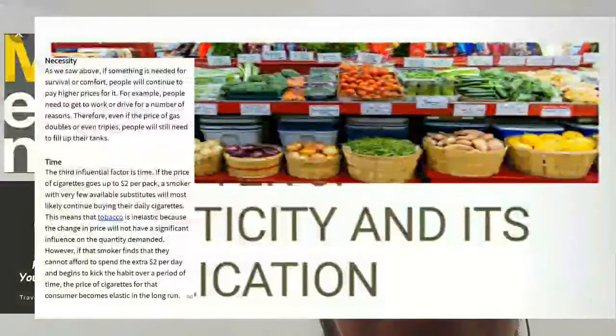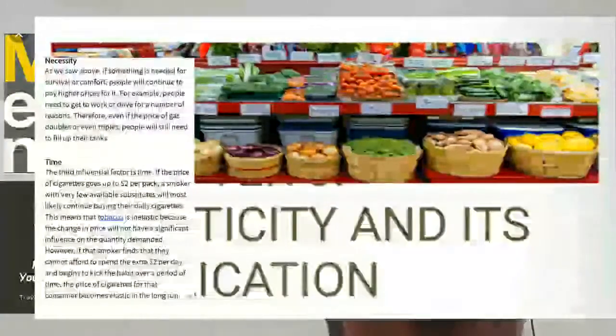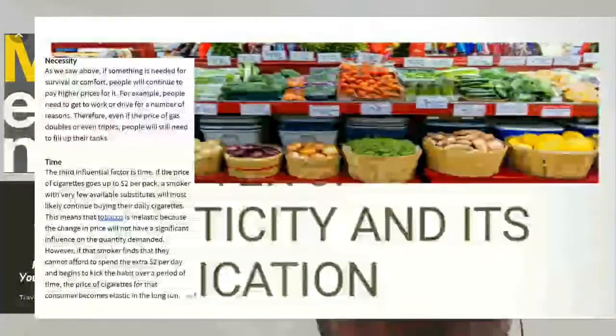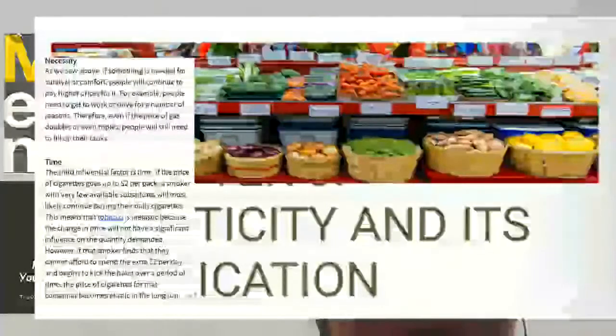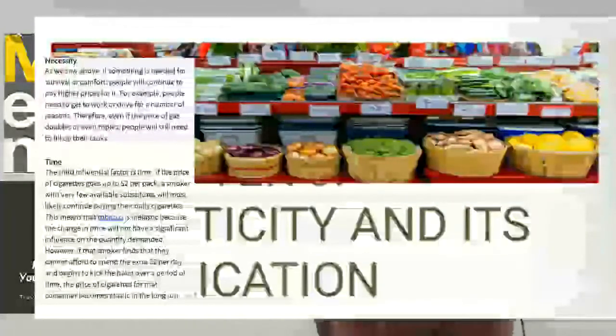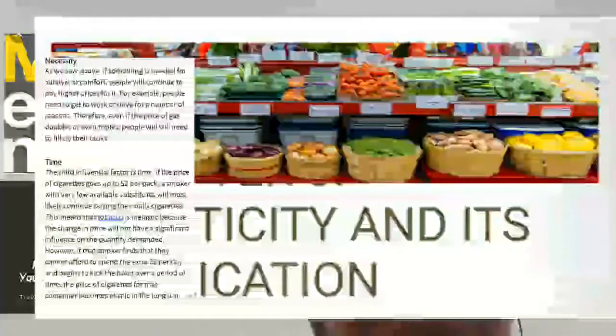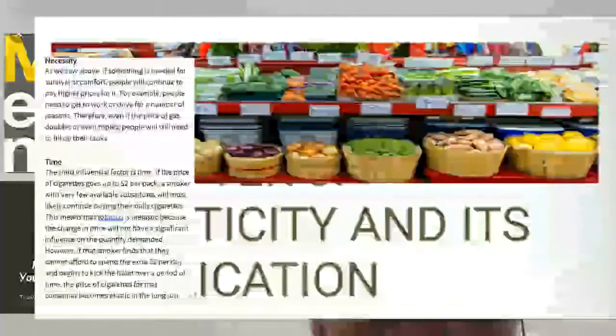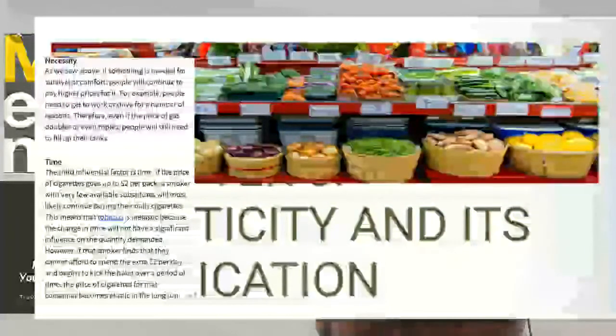Time, the third influential factor is time. If the price of cigarettes goes up to $2 per pack, a smoker with very few available substitutes will most likely continue buying their daily cigarettes. This means that tobacco is inelastic.